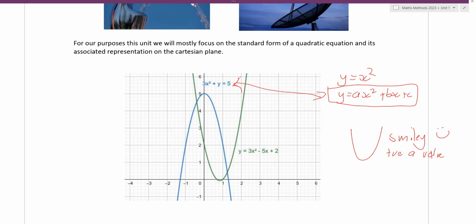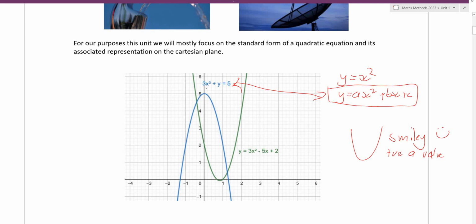How come the blue one's not a smiley? The bx doesn't matter. The bx just translates it, essentially. Does it have a hidden negative a value, perhaps? What do you think, Lachlan?